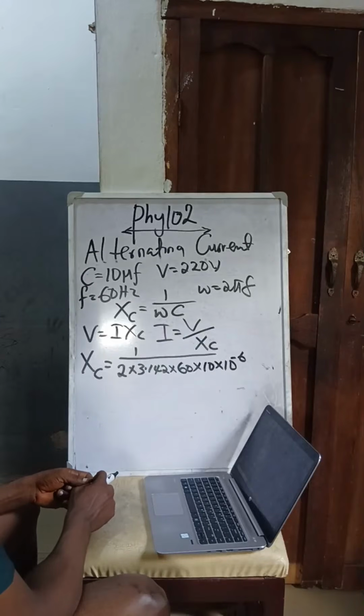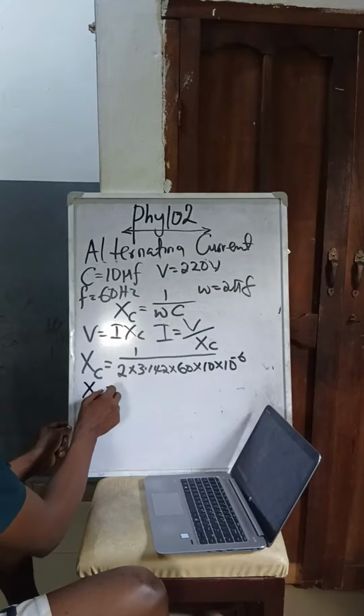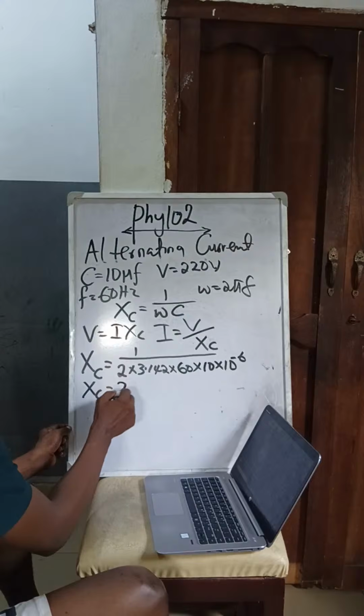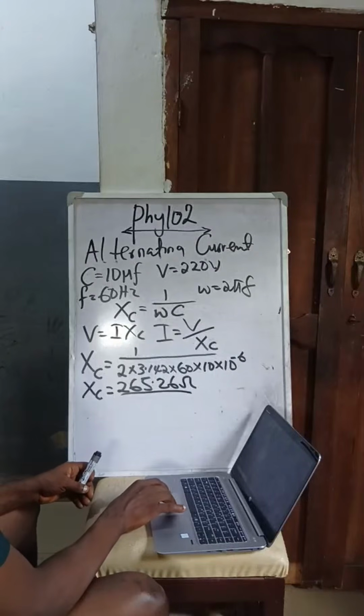Okay. So if you point your calculator, your XC will give us 265.26 ohms.